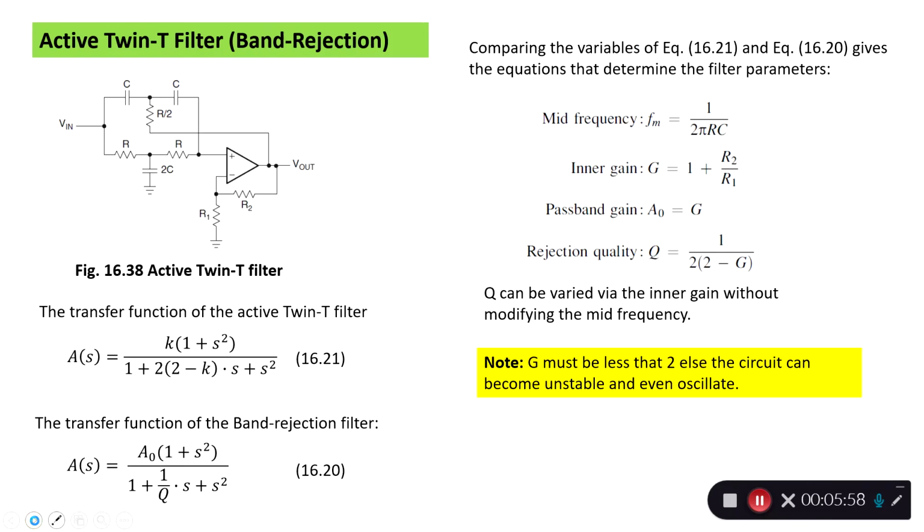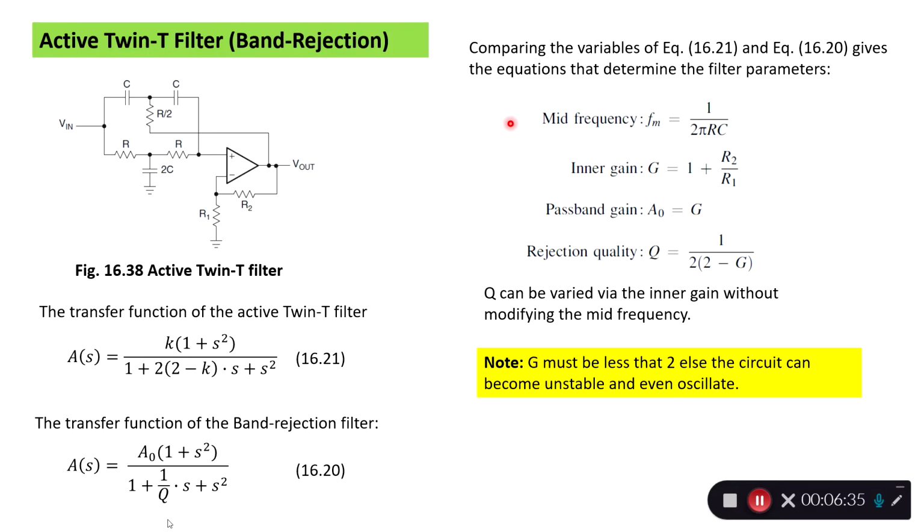Let's continue. When we compare the transfer function of the active twin T filter with our general equation of the band rejection filter, we can compare the variables, and we can see in this case the K here is A0, so we also have A0 in here, and comparing here, the factor in front of the S is actually the whole factor here.